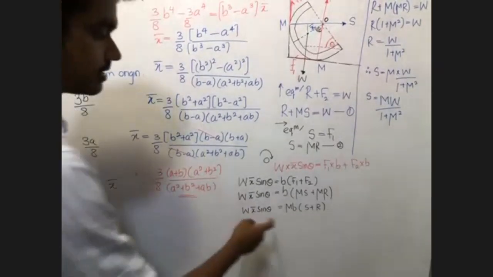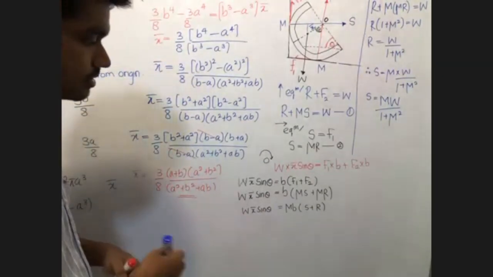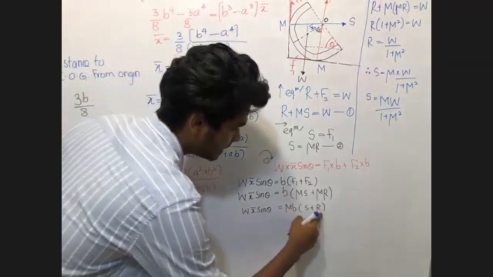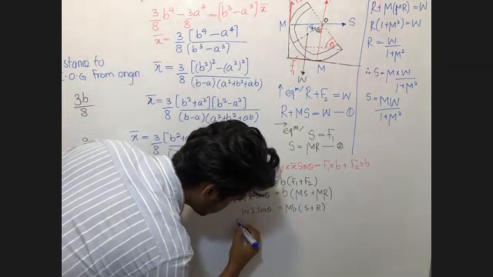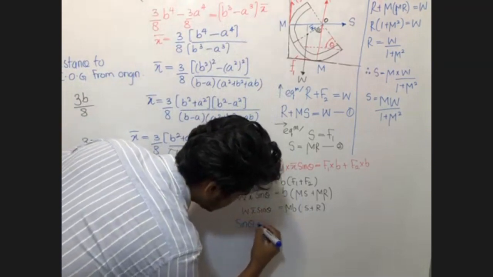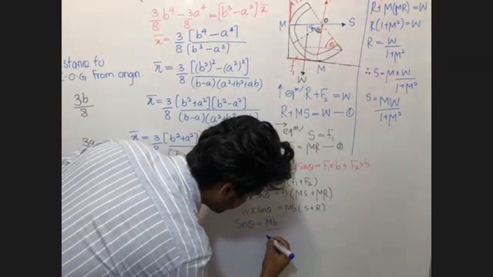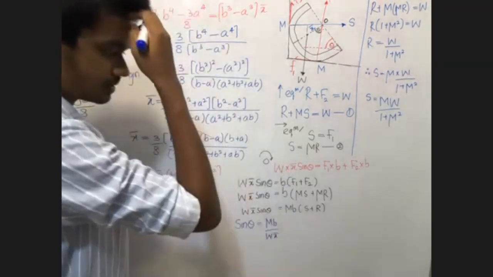I'll use the space below. For S and R, I'll substitute into sine theta. Sine theta is equal to mu b over W x bar.